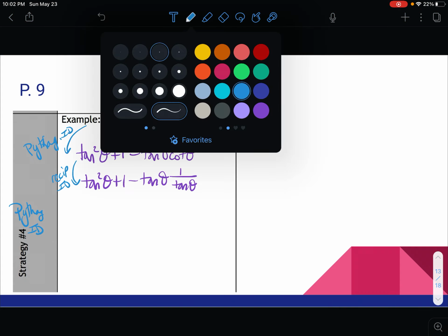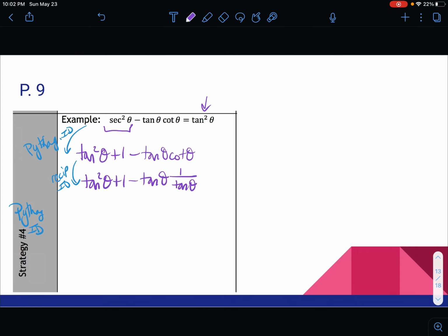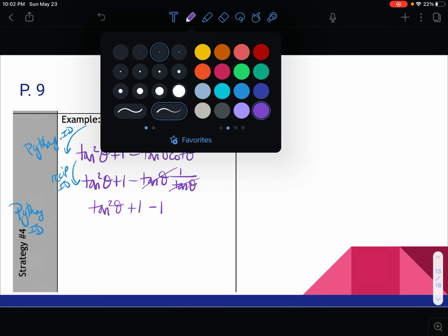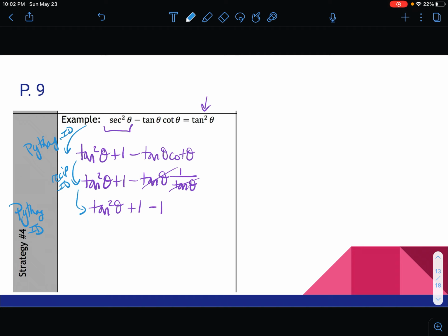Okay, and now our next step would be to cancel. We can go ahead and reduce or make ones. So we'd have tangent squared theta plus 1 minus 1, and now this is looking even better.